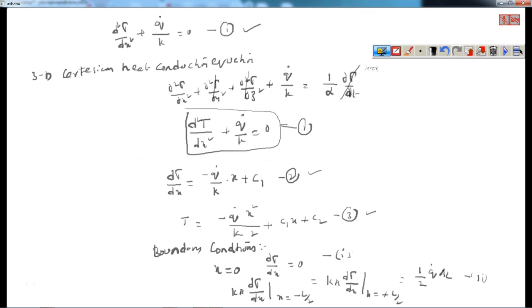Now using, I'll write it here only because I should refer to these points.